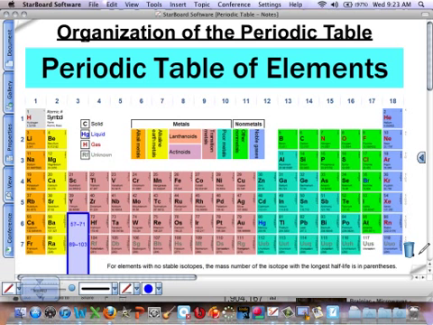So we start over here at the metals. The metals have one extra electron, so they have a charge of +1. And the alkaline earth metals have 2 extra electrons, so that's a +2. Everybody should be writing this down.